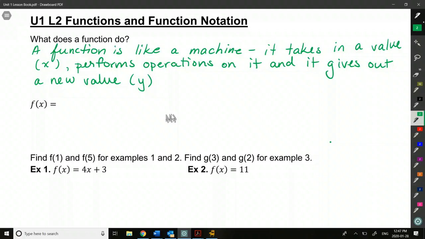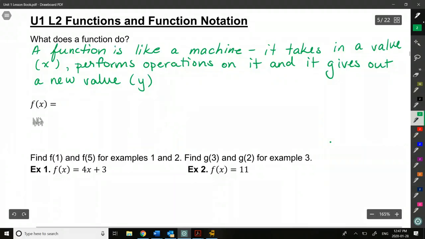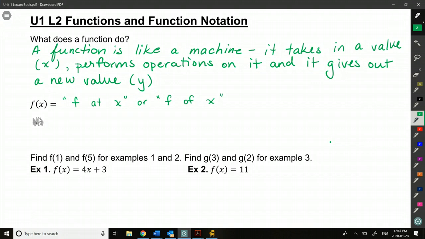Okay, so we have a special notation for this. It's called function notation, and it looks like this. The way that we read this is we will read it f at x, or sometimes it is called f of x. I usually use f at x, but same thing.